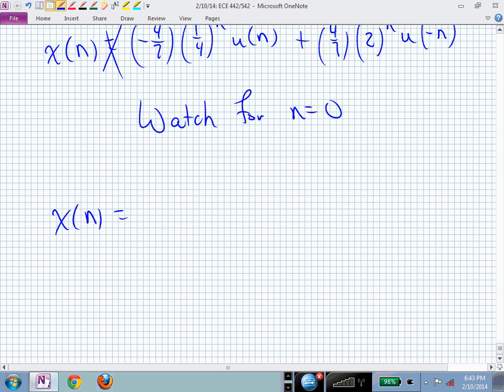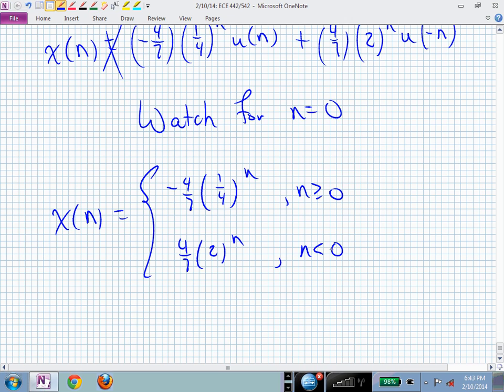You might just say x of n is equal to minus 4/7, 1/4 to the n, and 4/7, 2 to the n for n less than 0. Is that okay? That one's a little better. That's x of n. Question?